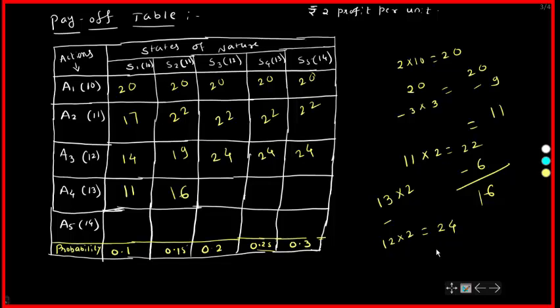One newspaper is left, so he has to bear the cost of that newspaper. So 24 minus 3 is 21. This is 21.